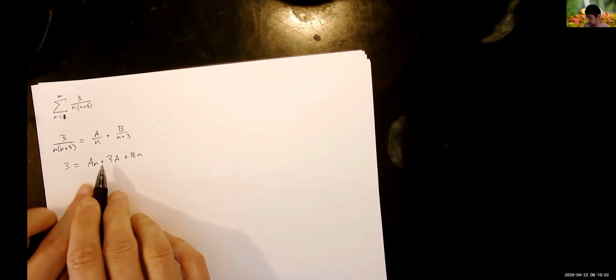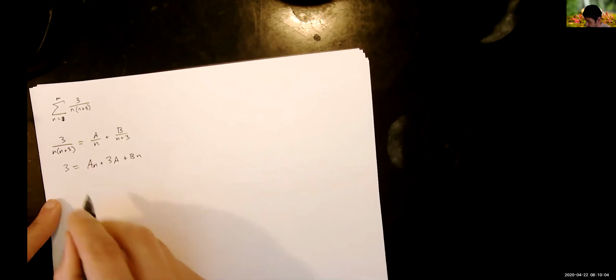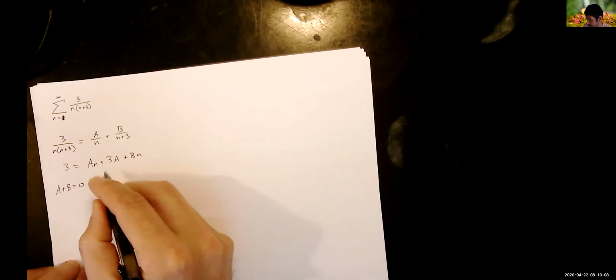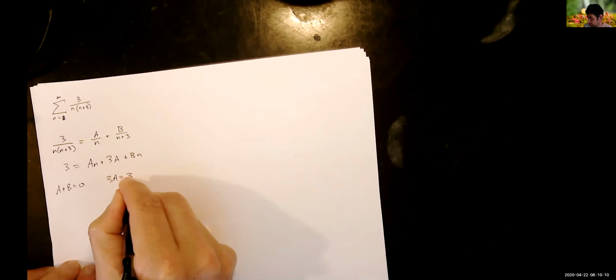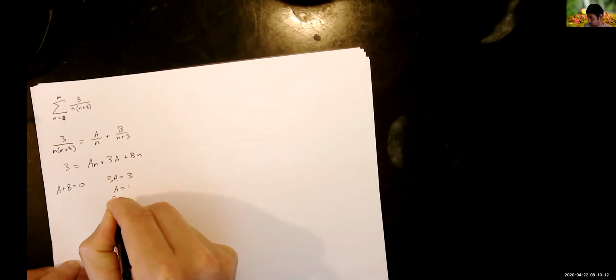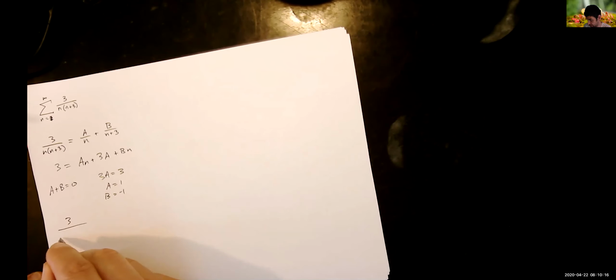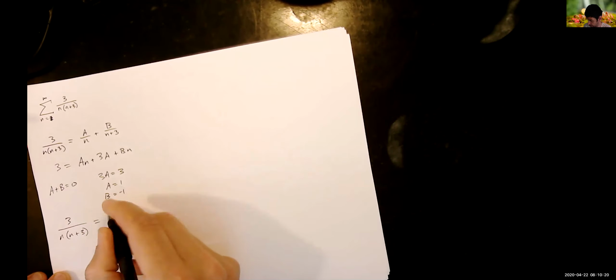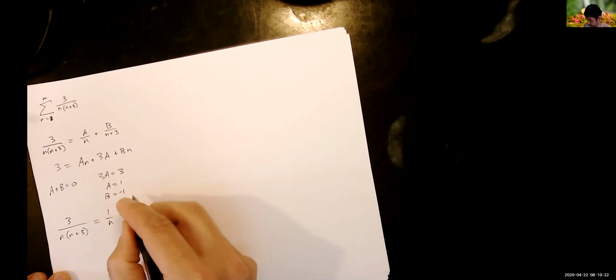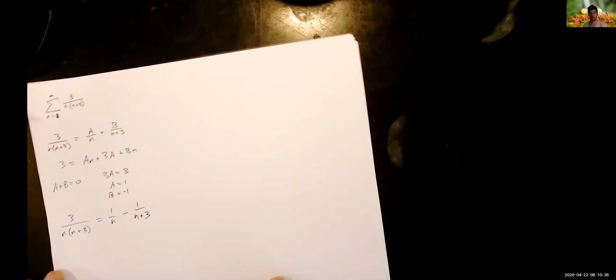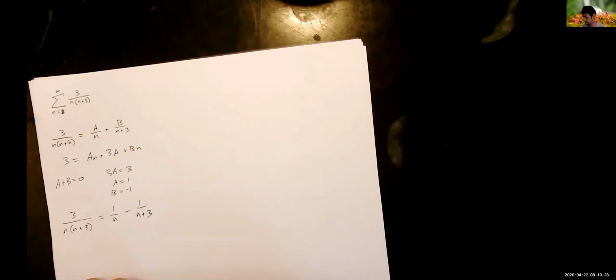If you work this out, we know that A plus B has to be 0, and that 3A has to equal 3. So A is equal to 1, and B equals negative 1, which means this whole fraction can be written as 1 over n minus 1 over n plus 3. Okay, so there's our partial fractions work.